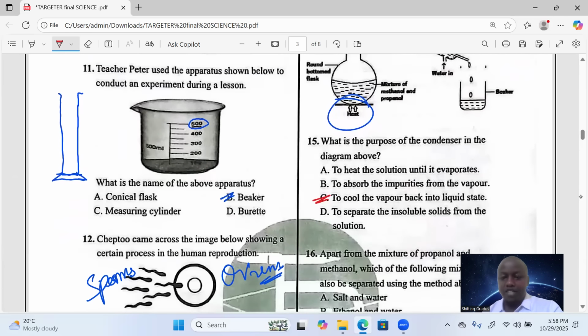Look at 19. Which statement correctly describes cross-pollination? It is the transfer of pollen grains from anther to stigma of the same flower.